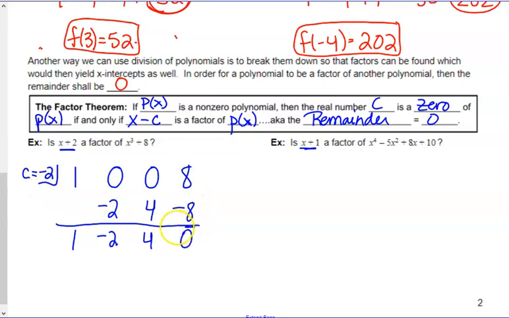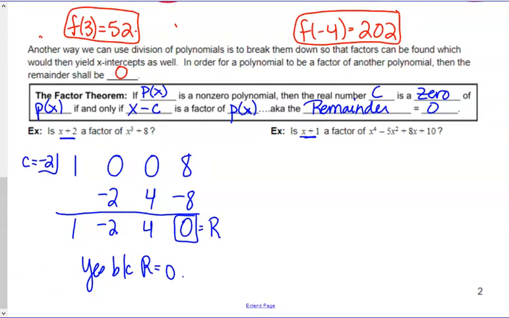Add gives me a big fat goose egg. And because that remainder equals 0, that means that this is a factor of that. Yes, because the remainder equals 0. Okay? So if I ask why, you're going to have to tell me that. You also want to probably show your work on that as well. Okay? All right, let's try this next one.